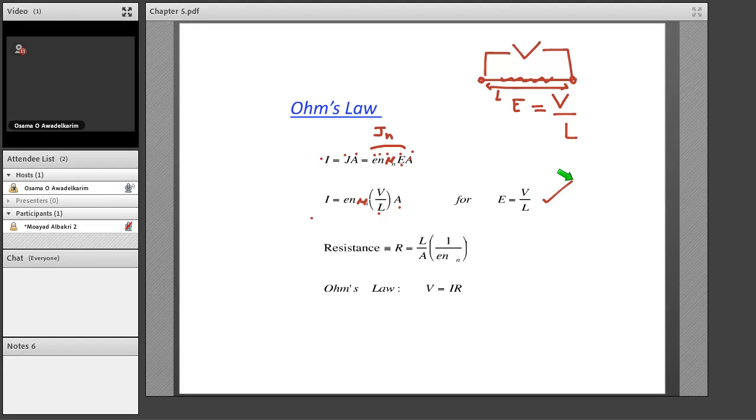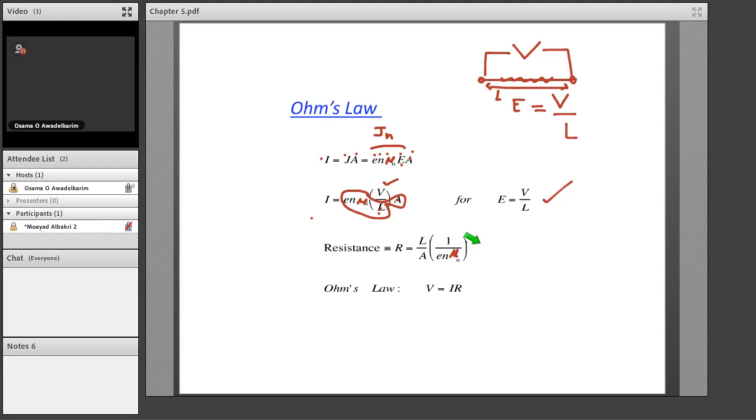So the current I is equal to all of this times the voltage. All of this here is what we call the inverse of the resistance. So the resistance will be L over A divided by e n mu_n.